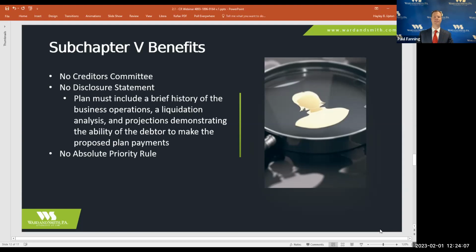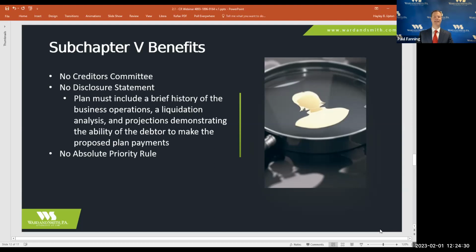In a Subchapter 5, the debtor has to file a plan within 90 days after the order for relief. And the bankruptcy court can extend that deadline, but only under circumstances for which the debtor cannot be held accountable. What does that mean?